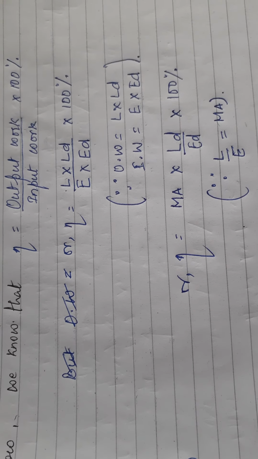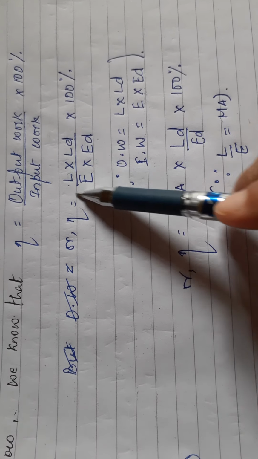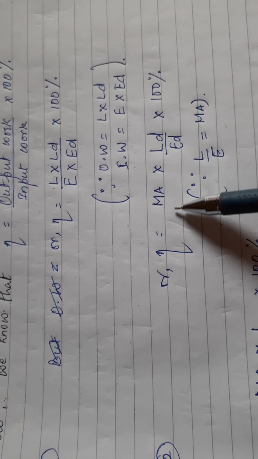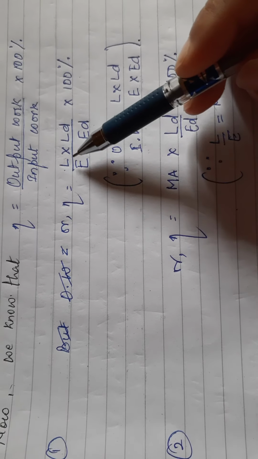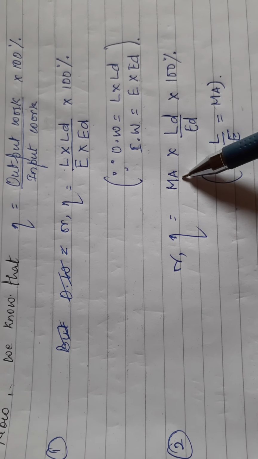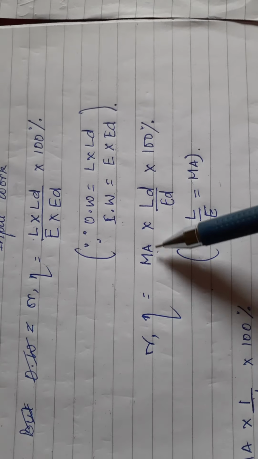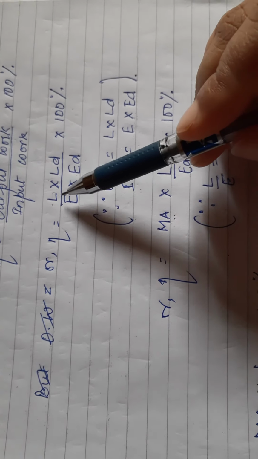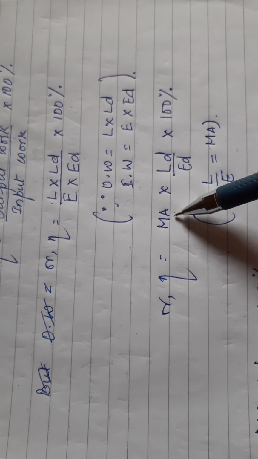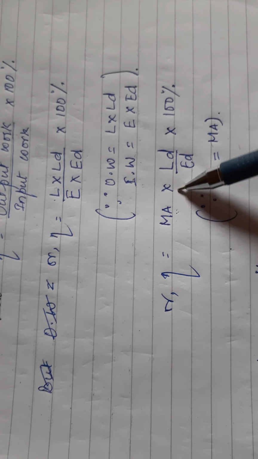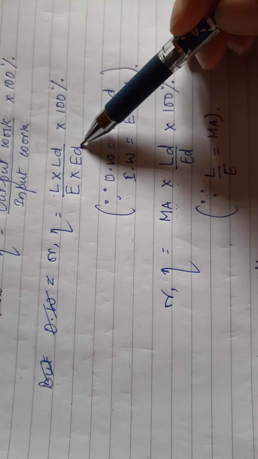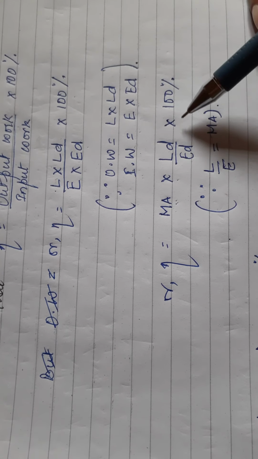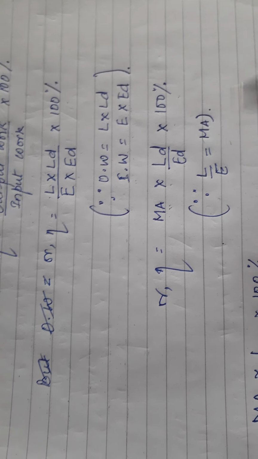So in my step number 2, instead of load by effort, I will replace it by mechanical advantage. In the place of load by effort I wrote mechanical advantage into load distance by effort distance. It will remain like that into 100%.